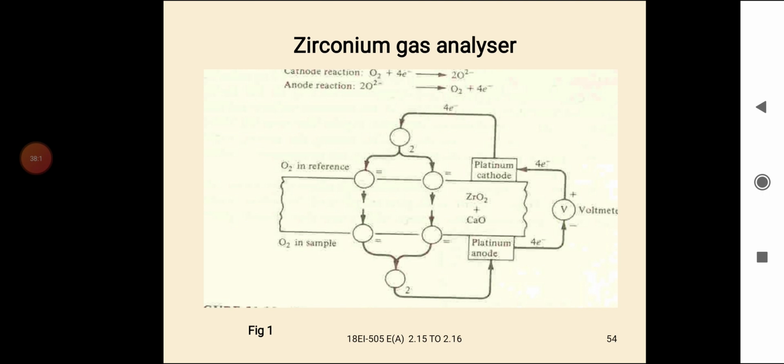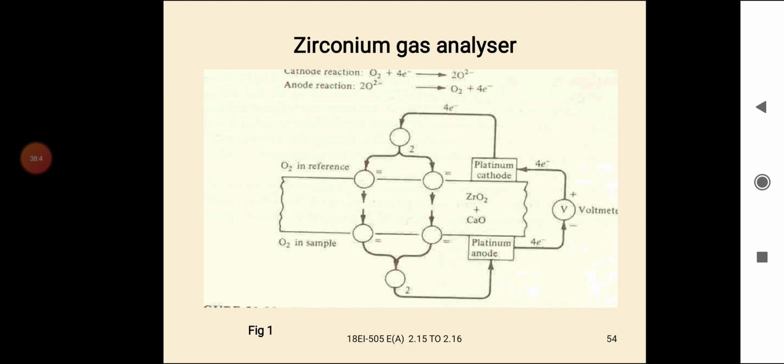At the cathode, oxygen will become ions by taking 4 electrons.